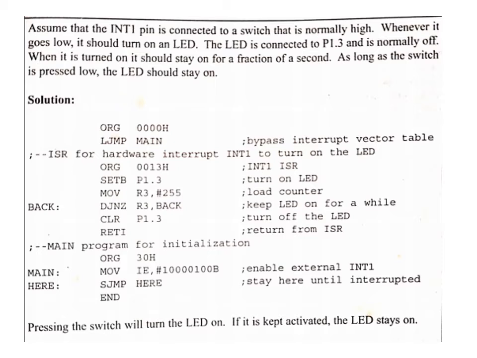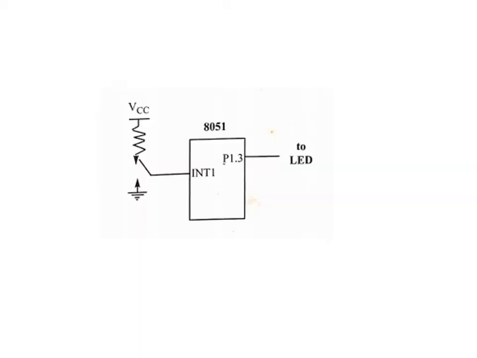So here we can see just one task is being performed: whenever the microcontroller receives a logic 0 signal through the INT1 pin, the microcontroller gets interrupted and then the LED is turned on and off for some duration. So here you can see the diagram.